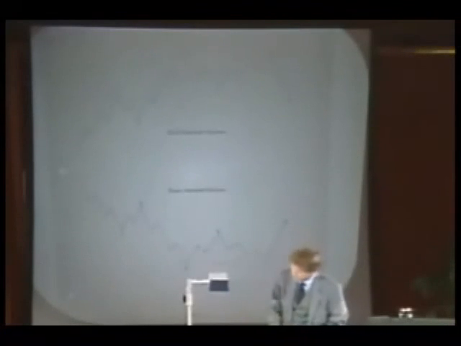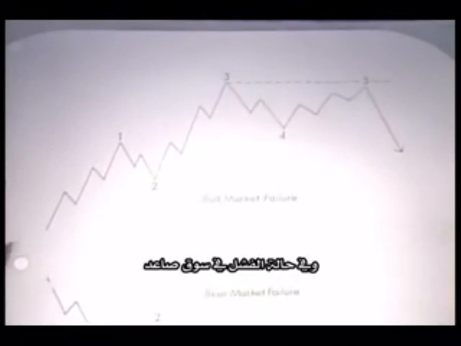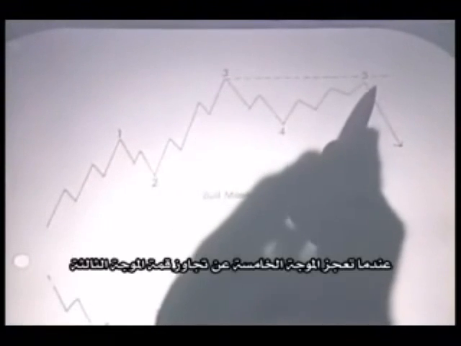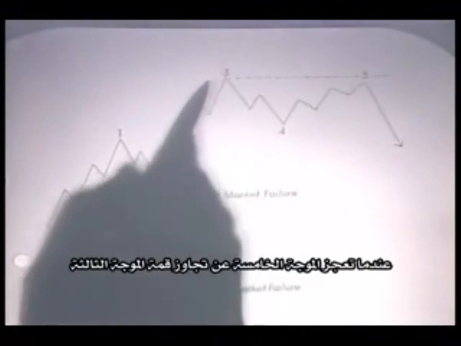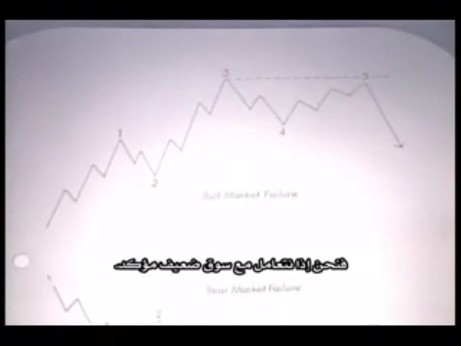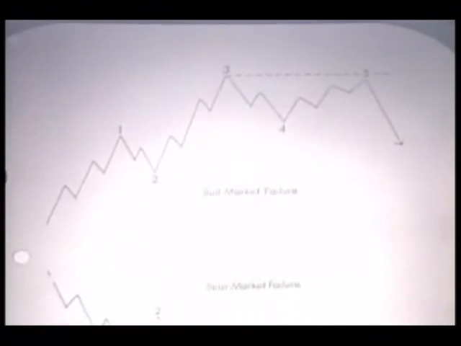In a case of a bull market failure, when wave 5 fails to exceed the peak of wave 3, we're dealing with a market where there is underlying weakness. In a bear market failure, where wave 5, in this case, fails to take out the end of wave 3, you're dealing with a market where there is underlying strength.